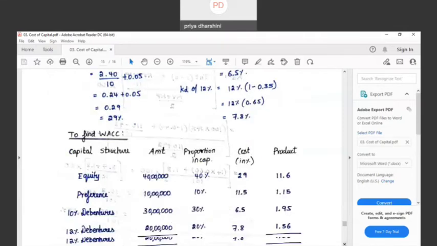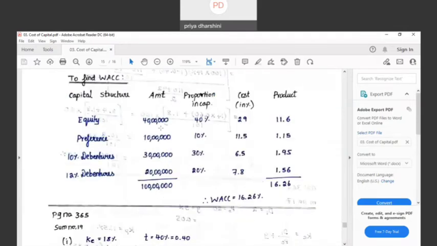So with this, find weighted average cost of capital. So 40 lakhs, 10 lakhs, 30 lakhs is from the existing capital structure. 20 lakhs is because of the additional debt. Find the proportion in capital, multiply with the respective cost. You get the product. The total of the product will give you the weighted average cost of capital. The subdivision 2 part of the solution is wrong from your study material. You can just ignore it.